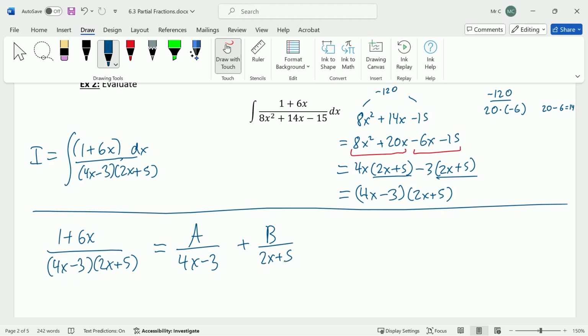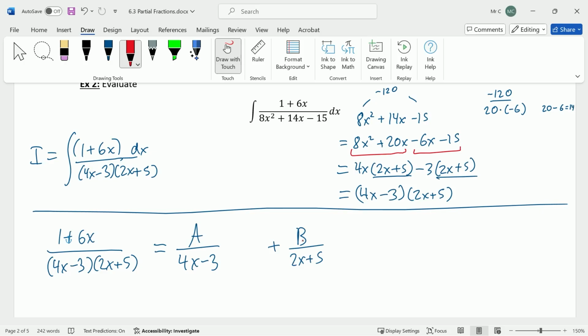And now what I have to do is figure out how to solve for that. All the partial fractions theorem tells me is that there are constants that will make this true. Solving for them is up to us to do algebraically.